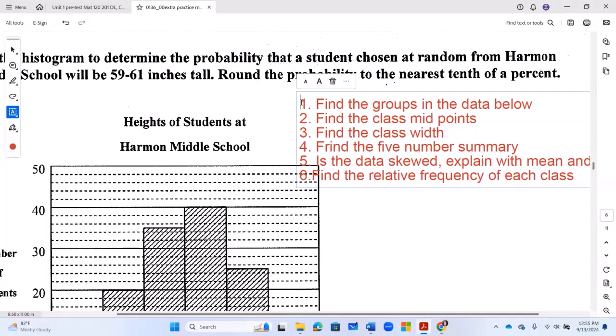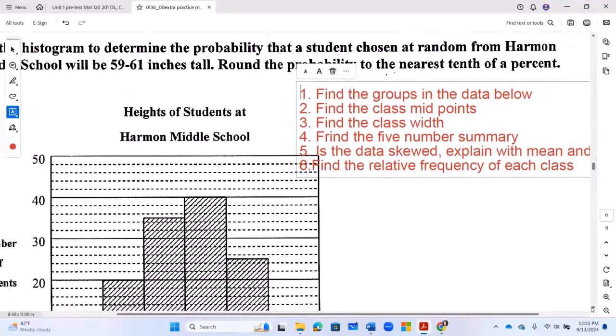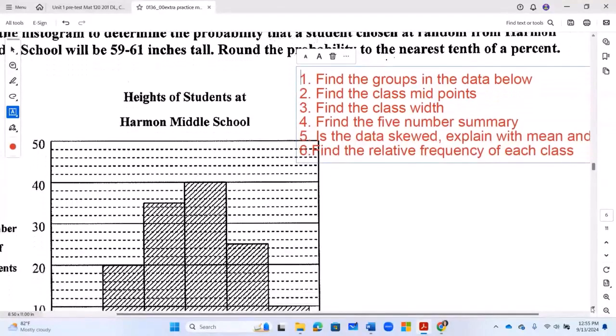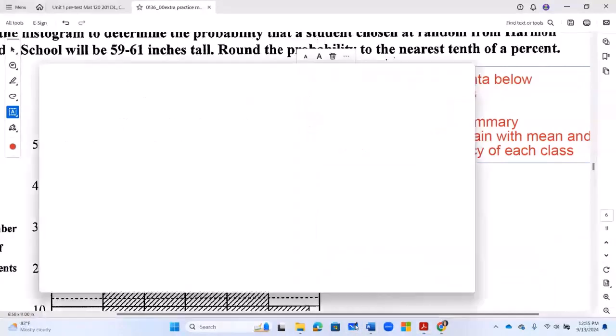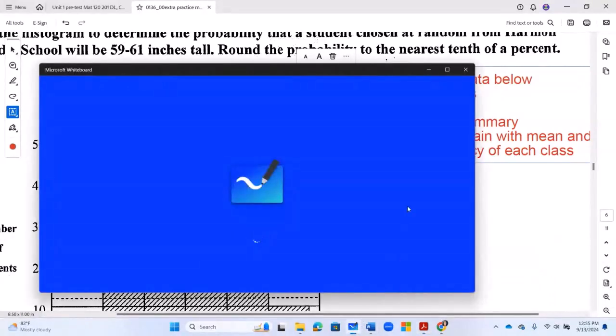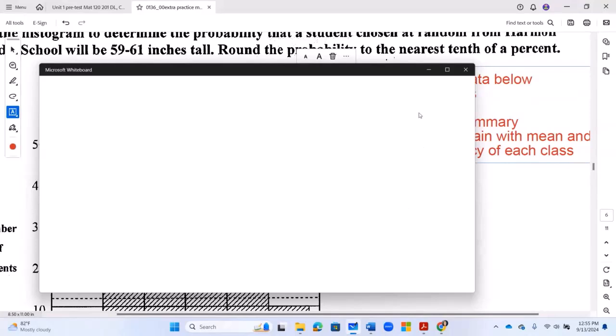So first of all, the thing I want to do is make the groups, which means read the graph.